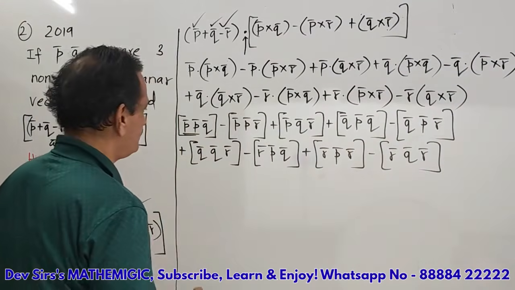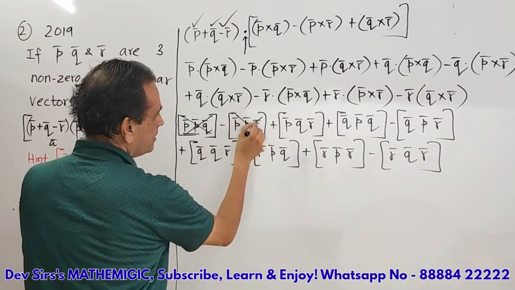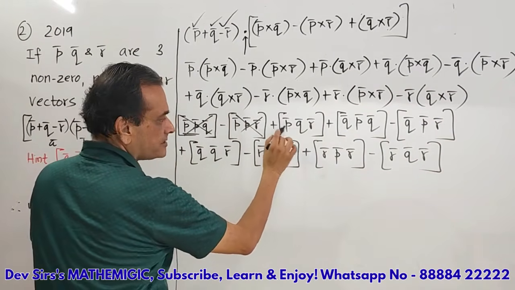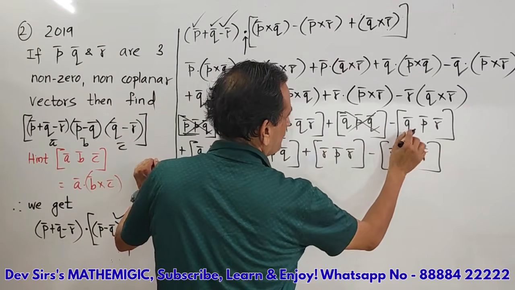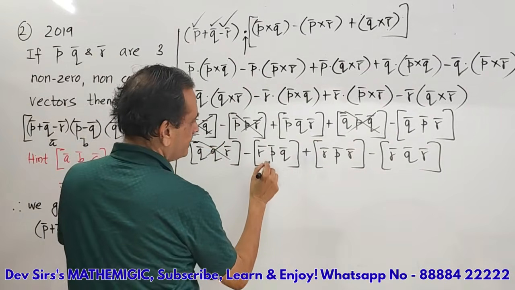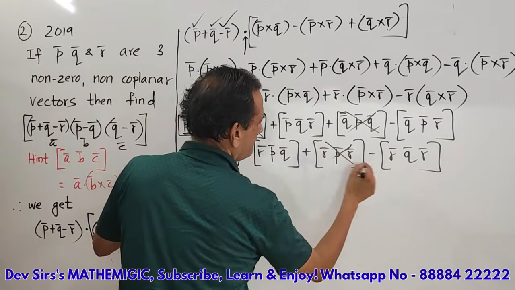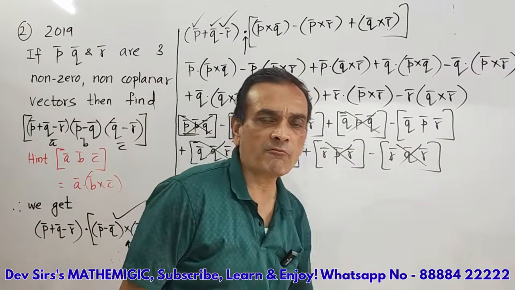So this is 0. I'll cancel this. This is 0. इसमें there is no vector being repeated. क्यों repeat हो गया है? इसमें कुछ repeat नहीं हो गया. Vector gets repeated. Now this step can be avoided.